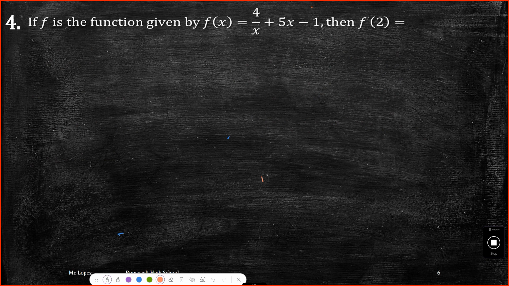Continue. Number 4, if f is the function given by this, then what is the derivative at 2? So again, take the derivative and evaluate it at 2.